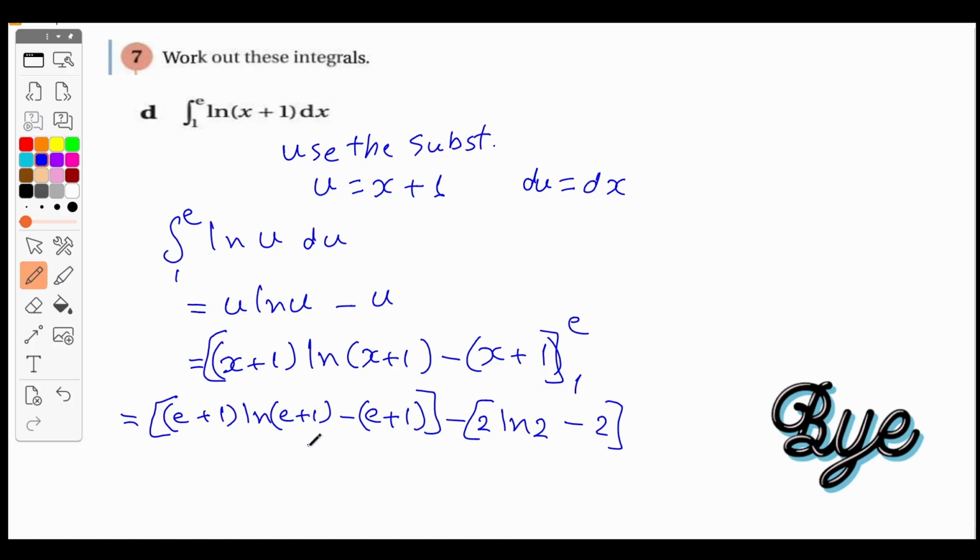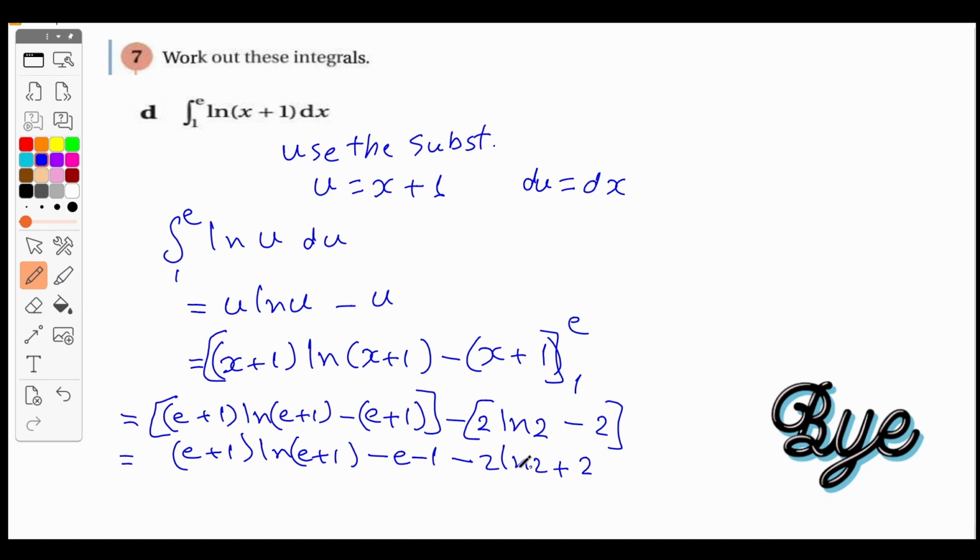Now let's simplify this answer. It will be e plus 1 times ln of e plus 1, minus, if we expand the brackets, e minus 1, and here it will be minus 2 ln 2, then plus 2. And for the last step, we just need to simplify this.